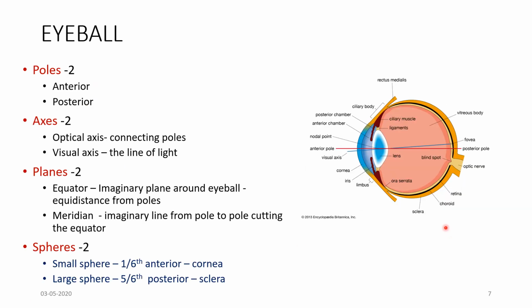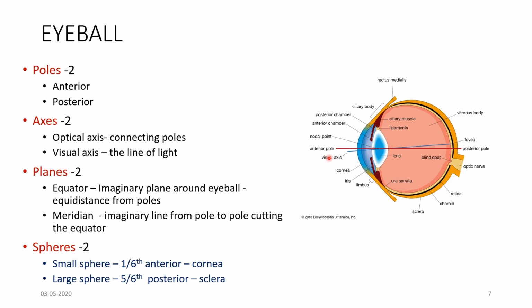The eyeball presents two poles, two axes, two planes and two spheres. What are those poles? It's the anterior pole and posterior pole. There are two axes. One is the axis connecting the two poles, that is known as the optical axis.